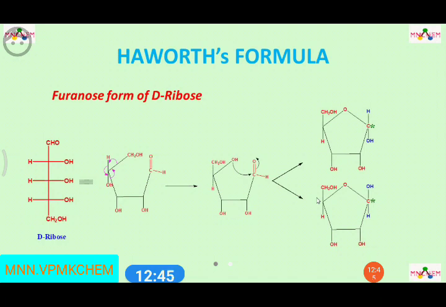The formation of the five-membered oxide ring results in the formation of a new chiral center, and according to the position of the hydroxy group attached to that new chiral center, the two isomers are referred to as alpha and beta anomers, where the hydroxy group is below and above the plane of the ring respectively.